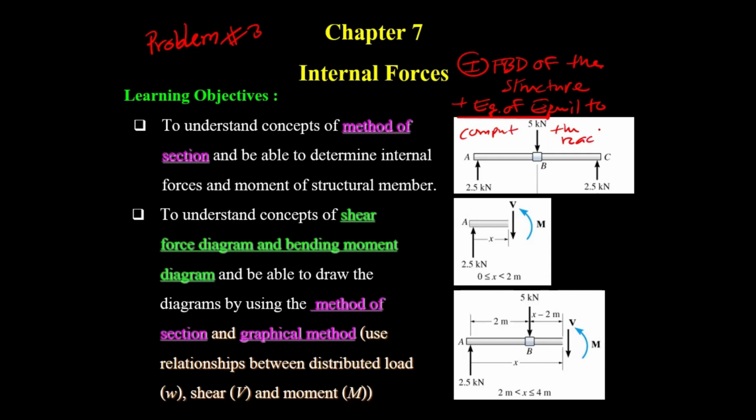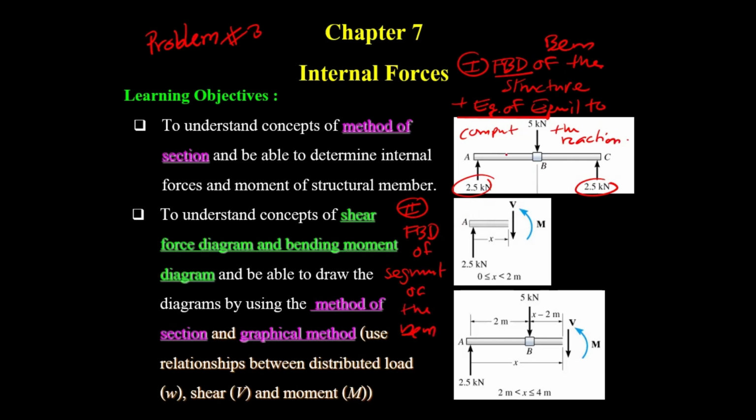So the problem shown over here is the free body diagram of the beam, and then we have the reaction. Then we will use the second step. Again, we're going to use the free body diagram of a segment of the structure of the beam.